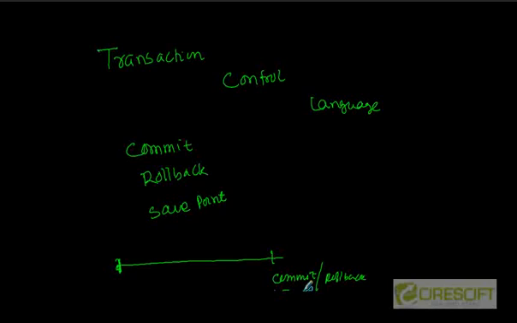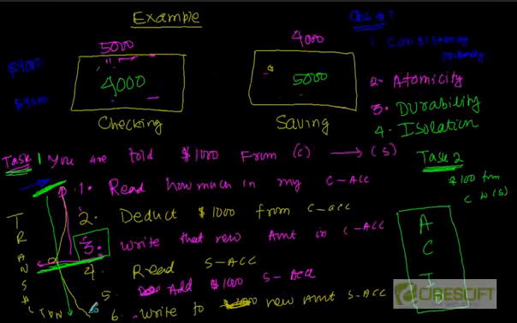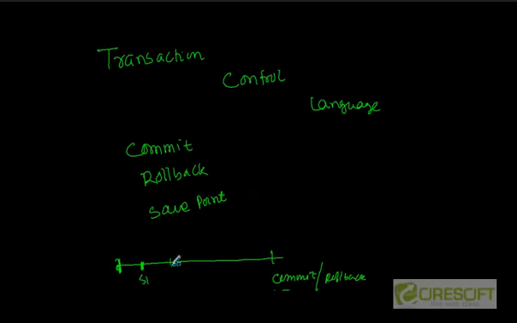Also, whenever you write a DDL like create table, that time it is also going to end the transaction. All right, so if this is a timeline, this is your task, the 6 steps I have given you: step 1, step 2, step 3, step 4, step 5, step 6, and then we give a commit to complete the transaction.